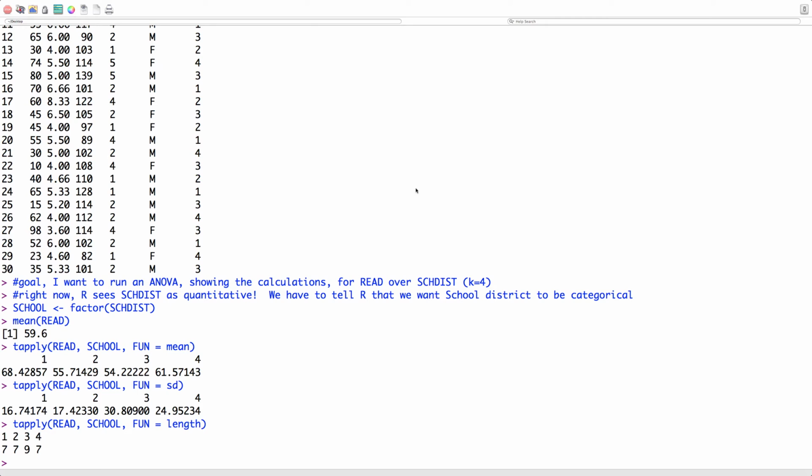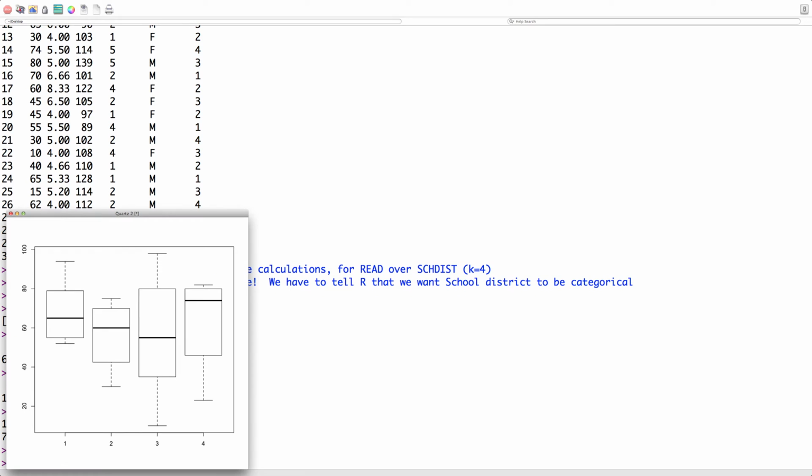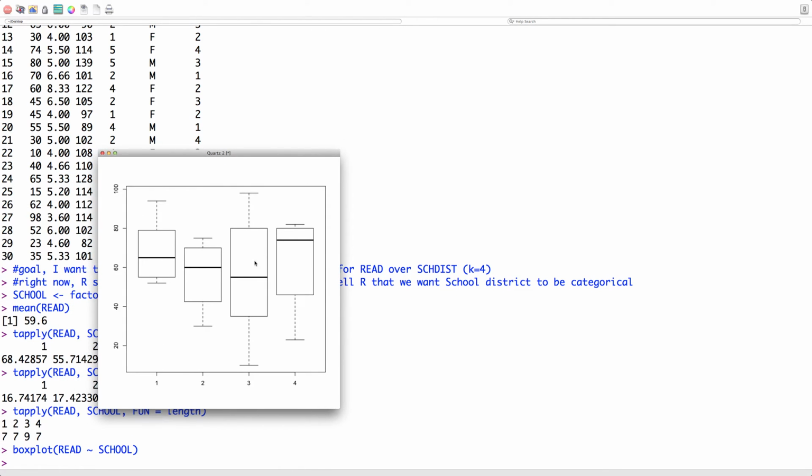So if I go back over to R and come down and do boxplot and do read over school, this is what I get. Now, for the most part, I'm not looking from the upper level to the lower level.